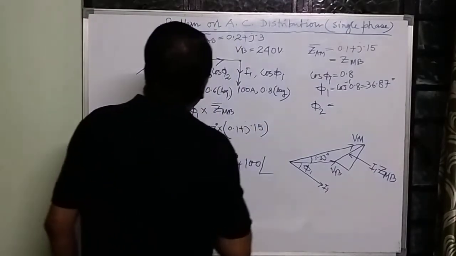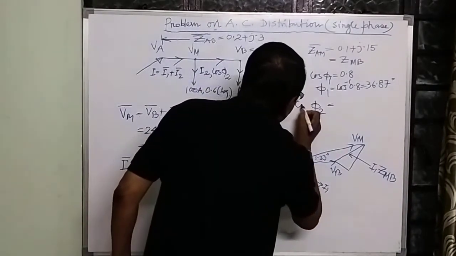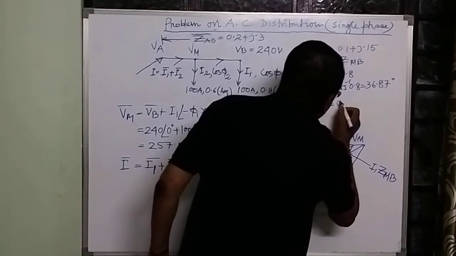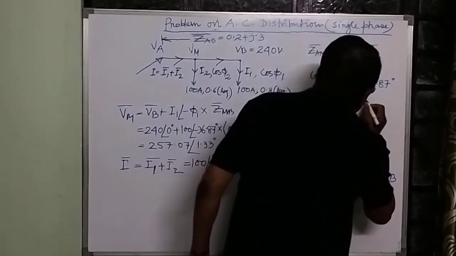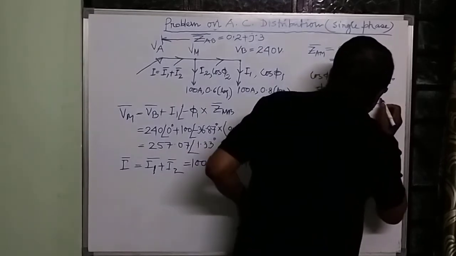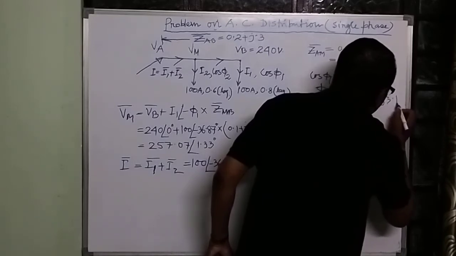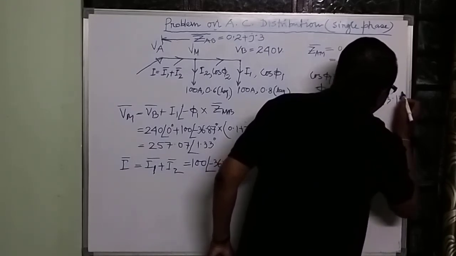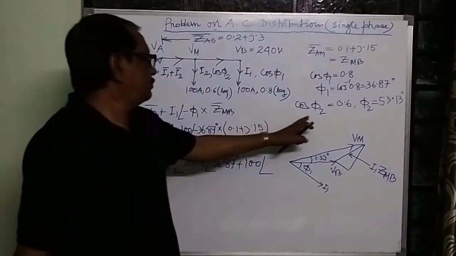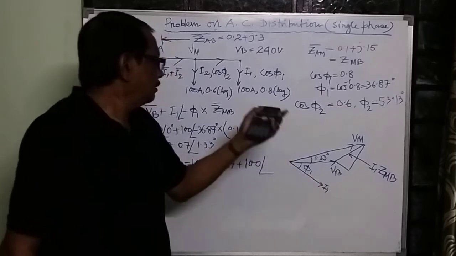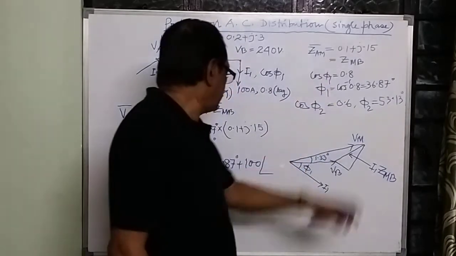So cos phi 2 equals 0.6, so phi 2 equals, by my calculator, inverse cos of 0.6, 53.13 degree.